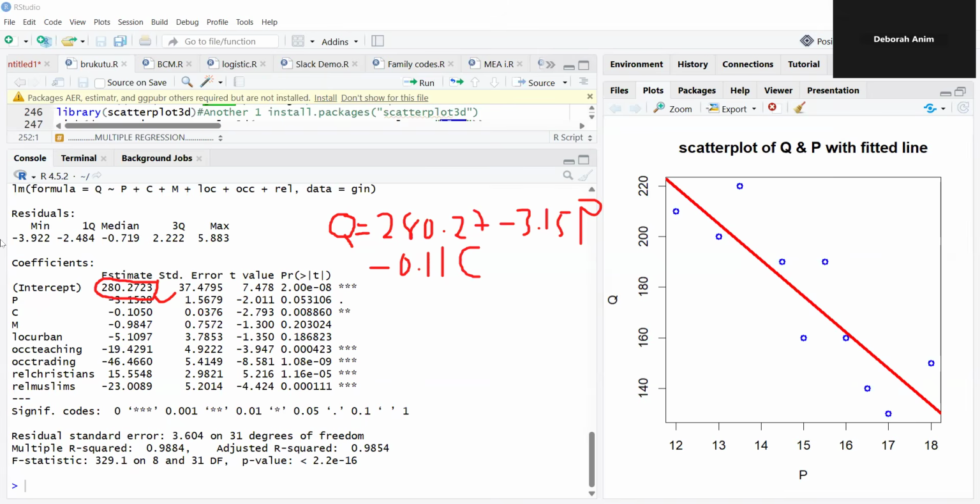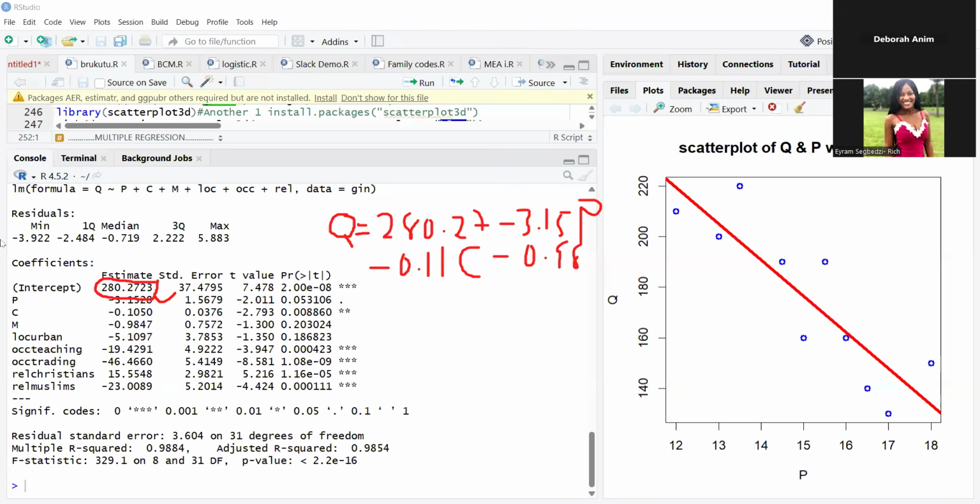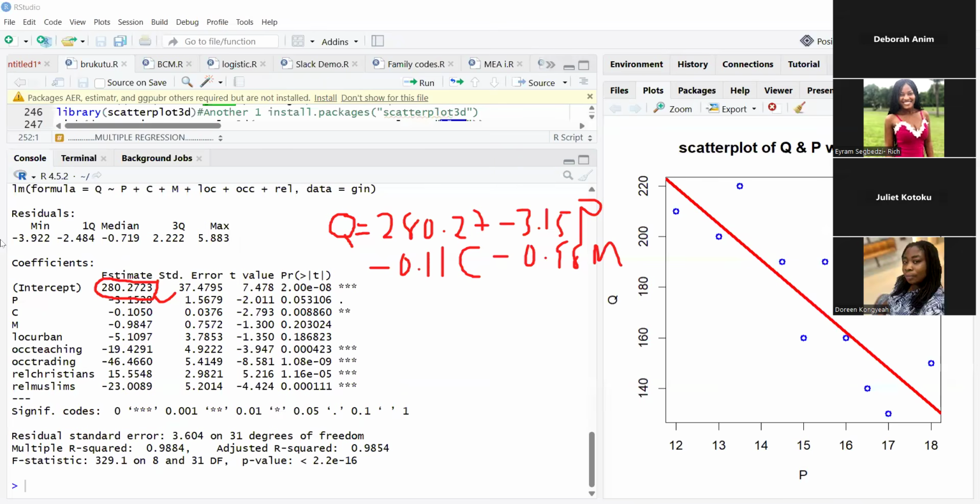What is the next one, Deborah? Minus 0.98 M. What is the next one? Who can tell us the next one? Aram.